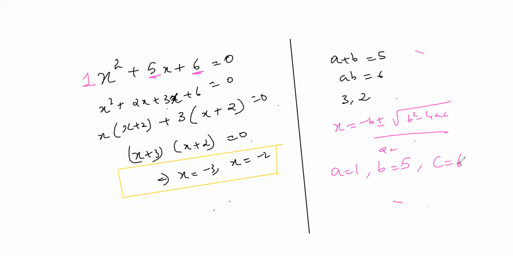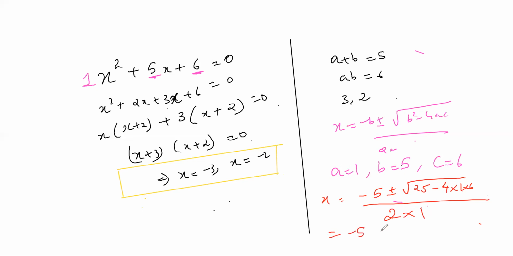Okay, so x is equal to minus b, so minus 5, plus or minus root of b square 25 minus 4 into a c, 4 into 1 into 6, by 2a, 2 into 1. So minus 5 plus or minus root of 25 minus 24, that is 1, so minus 5 plus or minus 1 by 2. So I'll get two values of x. x is equal to minus 6 by 2, that is minus 3, or minus 4 by 2, that is minus 2. Same values I'm getting.